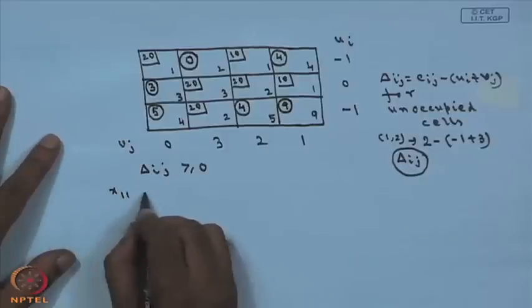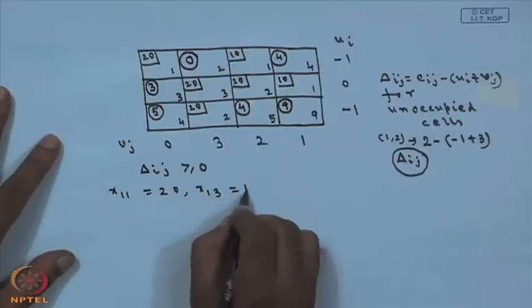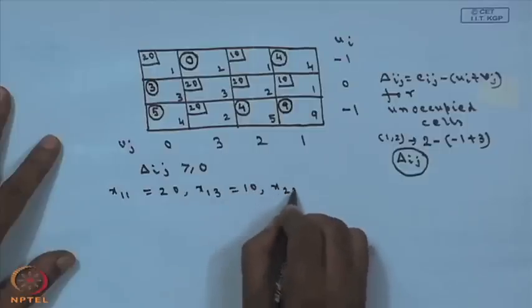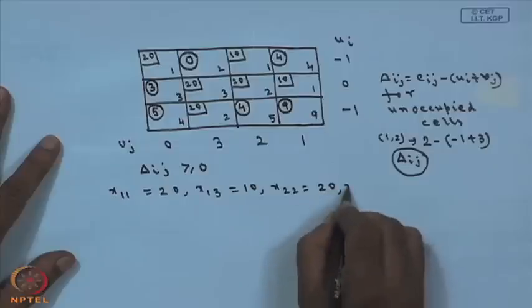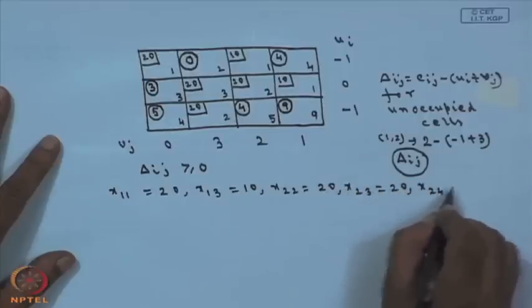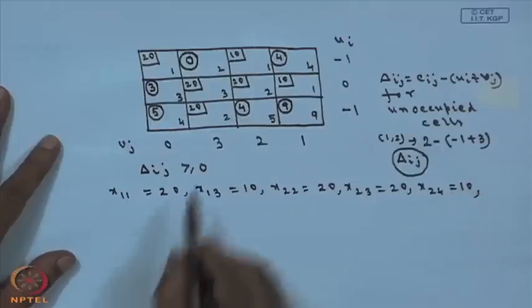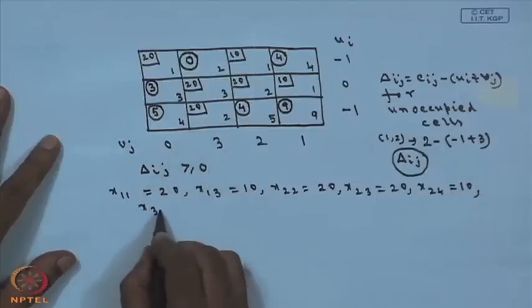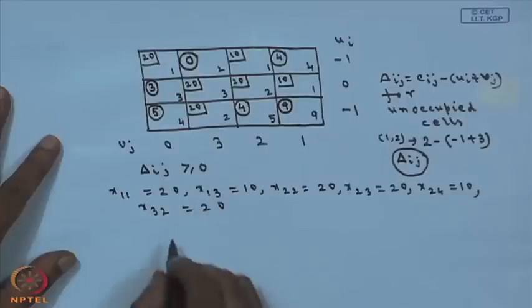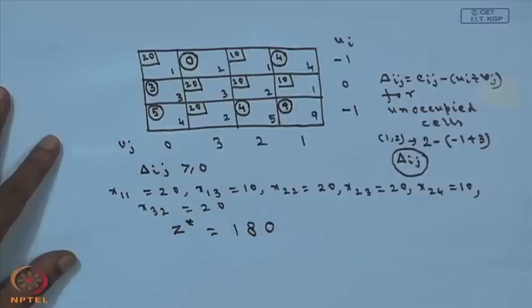So, therefore, your solution you can write down x11 is 20, x13 is 10, x22 is 20, x23 equals 20, x24 equals 10, and x32 equals 20, and optimum cost Z star will become 180.